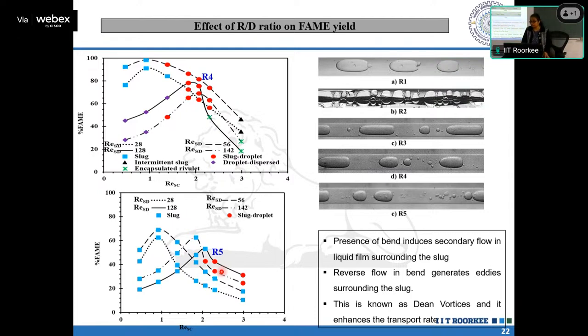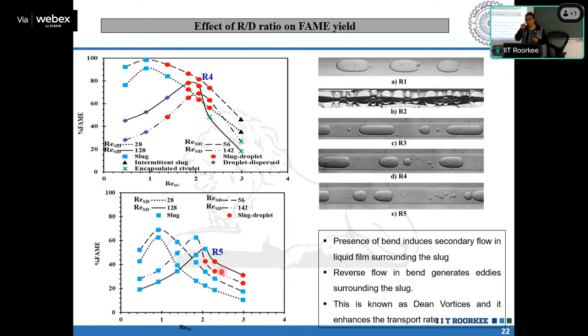But again, what is the deduction till now? What is the R by D that you can take, and why is there an increase in yield for R3 or R4? More mixing, I guess. Not so in single phase flow: if it passes through a serpentine channel, it is observed that there is a flow reversal.